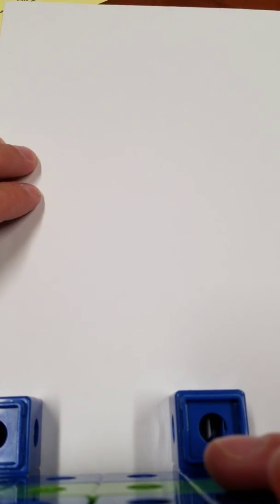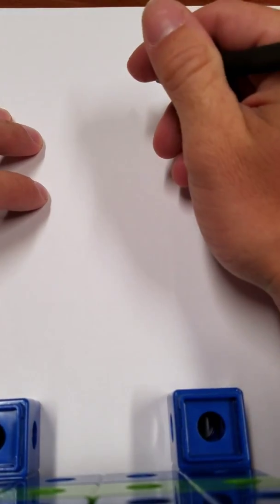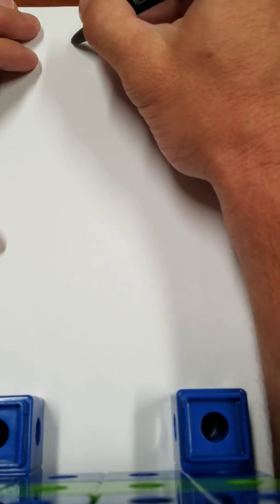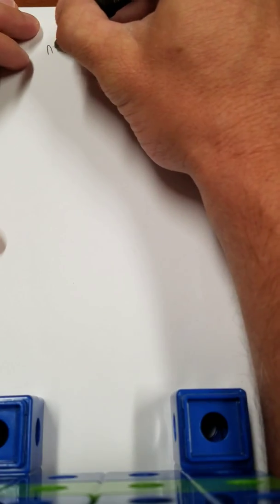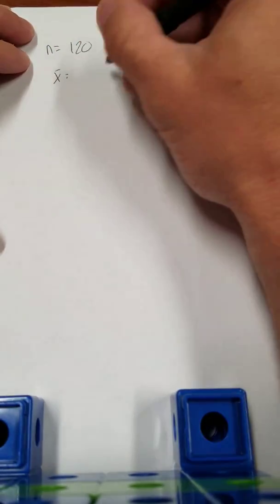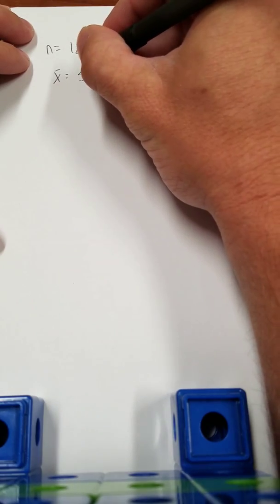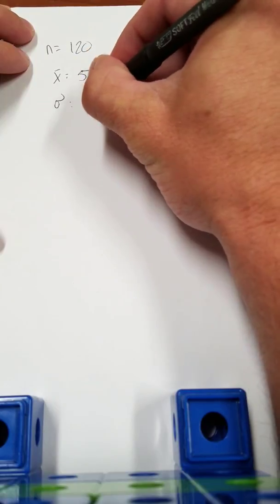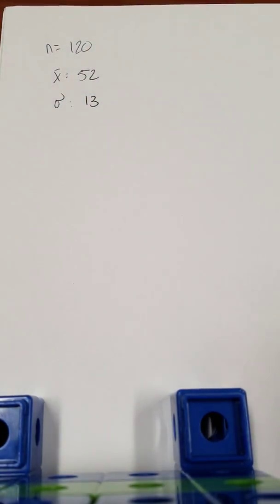If not, rewind. Now, practice problem. So let's say that we have a sample size of 120 things. So n is going to be 120. And let's say that our mean for this particular data set is going to be 52, standard deviation 13. Okay, all of that is obviously going to be embedded within a word problem, but I'm just going to give you all the pieces right now.